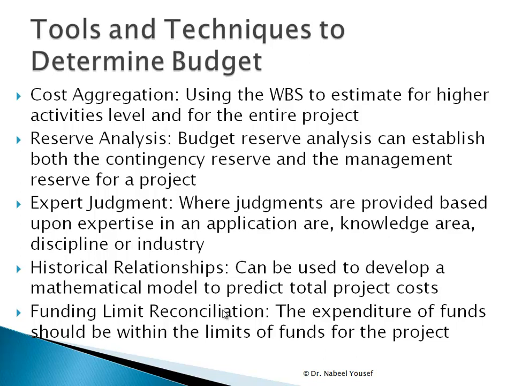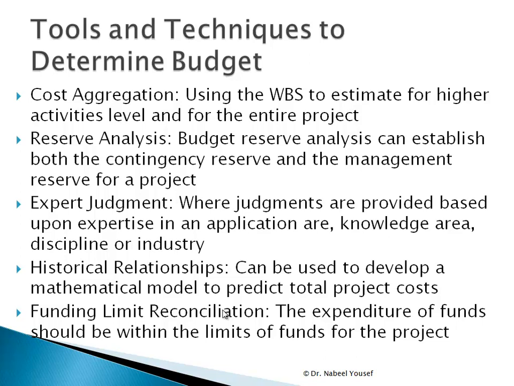The different tools and techniques to determine the budget: we have the cost aggregation, the reserve analysis, the expert judgment, the historical relationships, and the funding limit reconciliation. For the cost aggregation, it's using the work breakdown structure to estimate for higher activity levels and for the entire project.